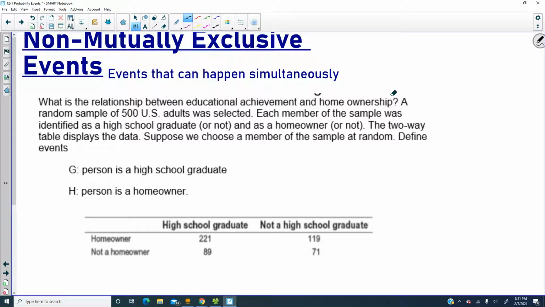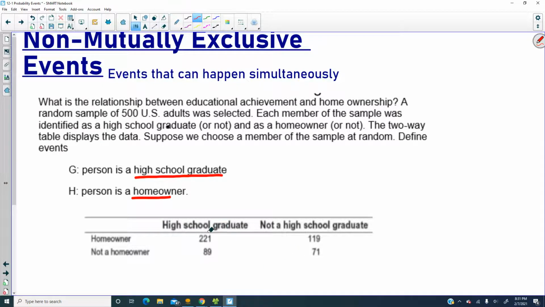Suppose we chose a member of the sample at random and define the events. G would be person being a high school graduate, H is person being a homeowner, and this is just helping with notation. Now, how does this help us understand non-mutually exclusive events? Well, are G and H non-mutually exclusive? Can you be a high school graduate and a homeowner at the same time, according to this data?